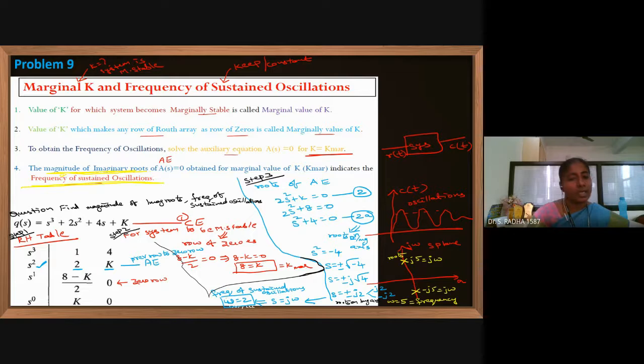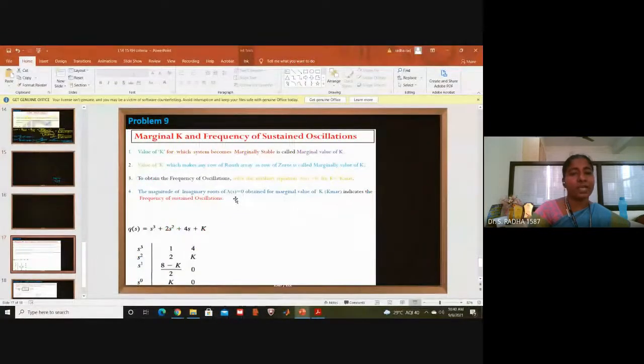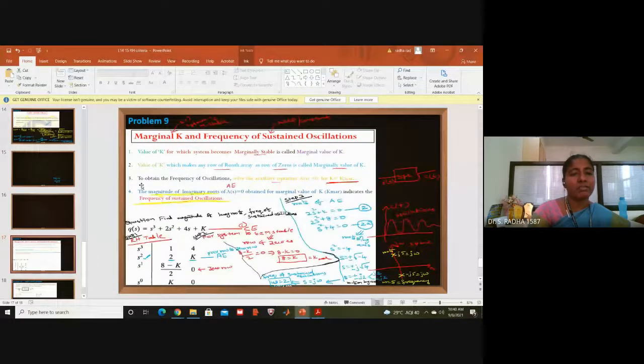And now we are using the k value in step number 3 and equation 2. We are following point 3 followed by point 4. Point 3 says first to find the k value. That k value is called k margin. Point 4 says use that k value to find the frequency of sustained oscillation.